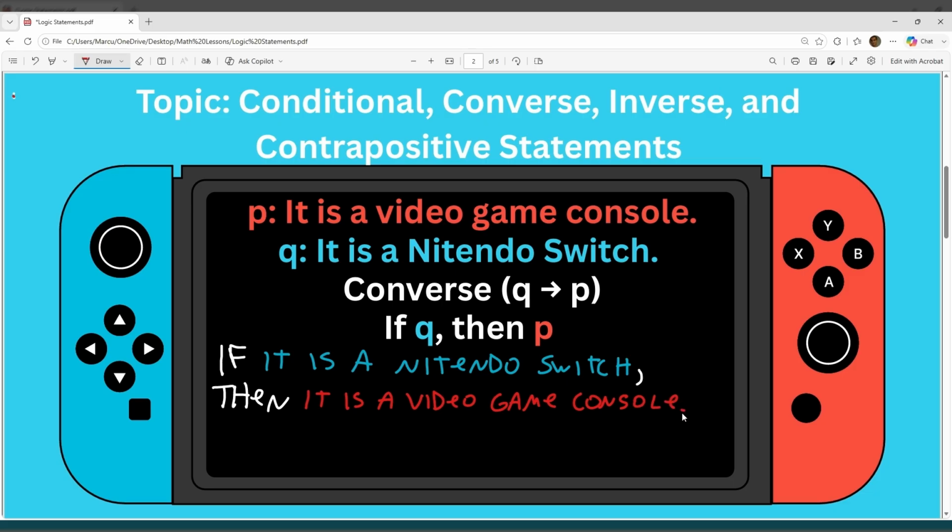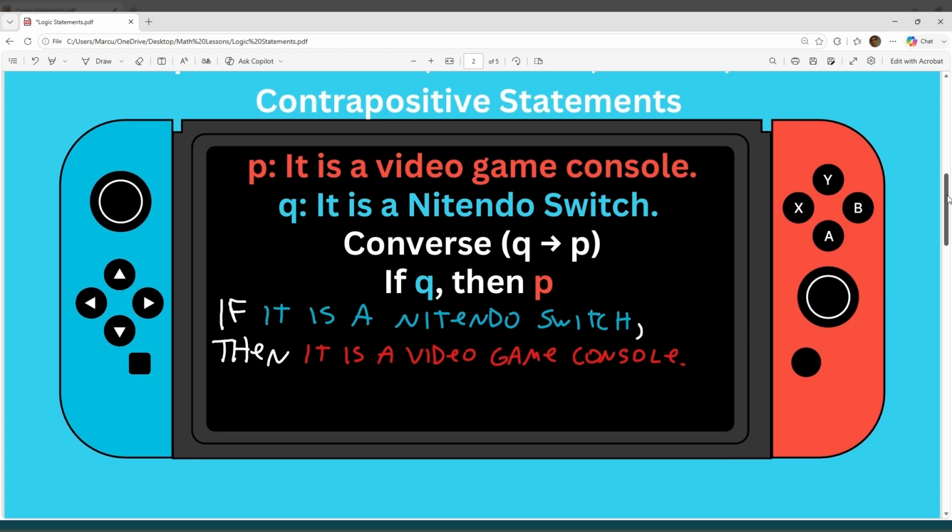So for the converse, we have if Q, then P. So if it is a Nintendo Switch, then it is a video game console. And that's how we do the converse statement.